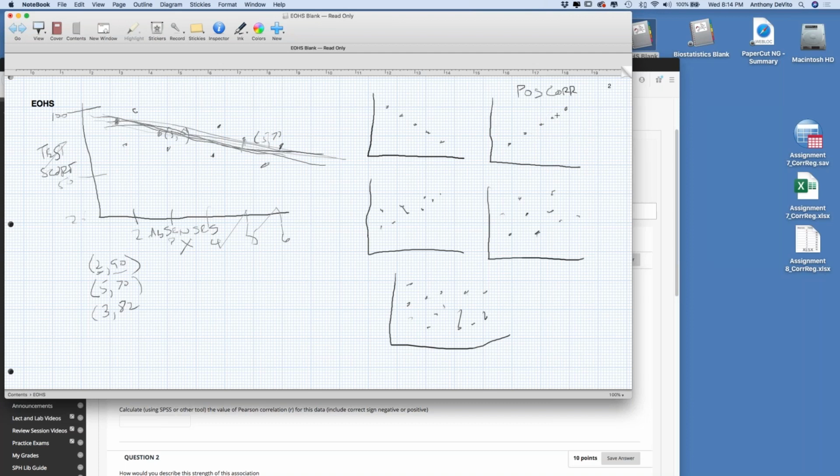That has a Pearson's correlation coefficient of r equal to 1. When you have a perfect positive correlation, it's equal to the number 1. This one is also a perfect correlation, but as the x value goes up, the y value goes down. So this perfect correlation is equal to -1. So the r values take values from -1 to +1.